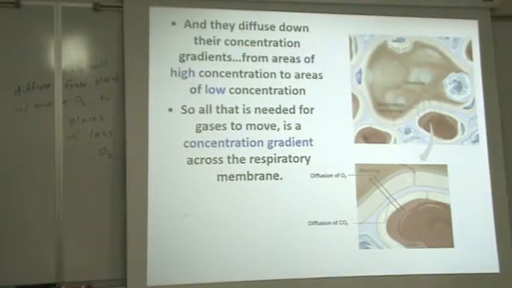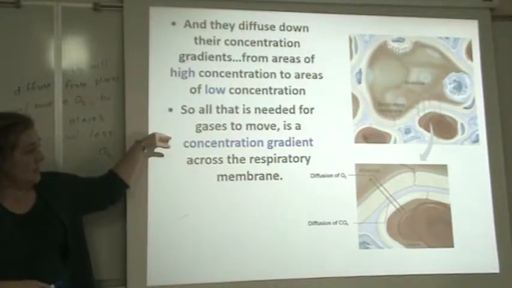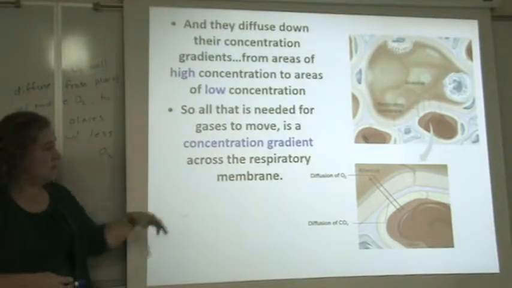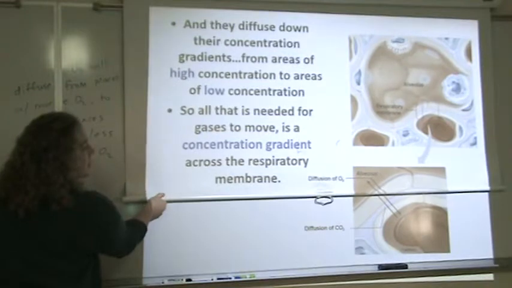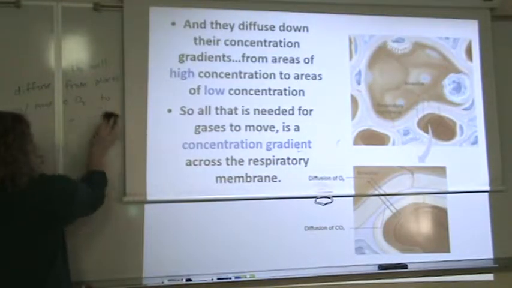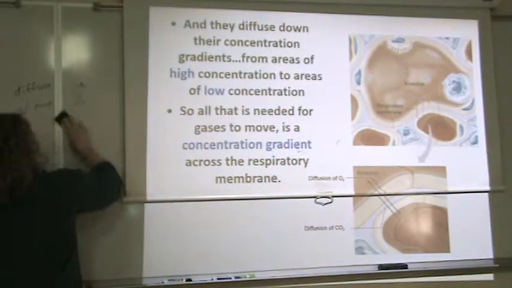So, if we need gases to move, if we want them to move, we just need a concentration gradient. We don't have to do tricky things to get them to move. If there's a concentration gradient, and they are going through a thin and permeable region, they will move.